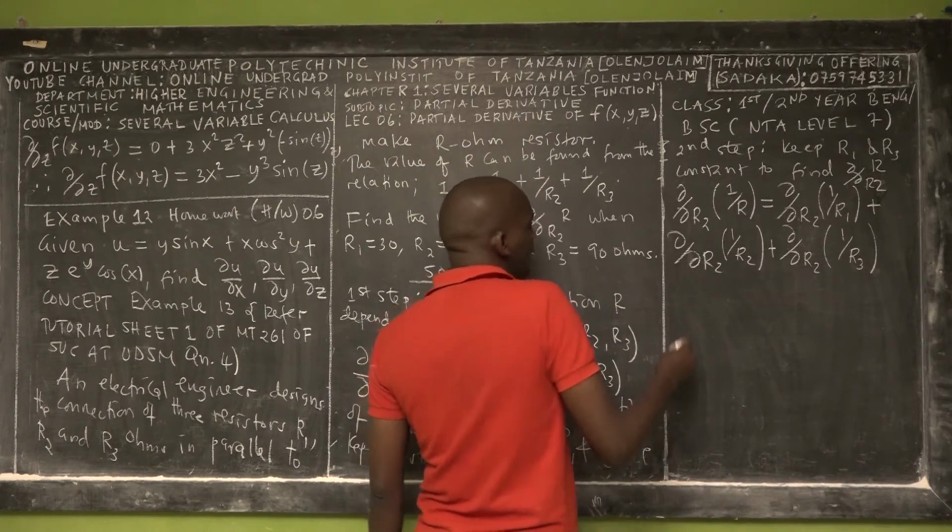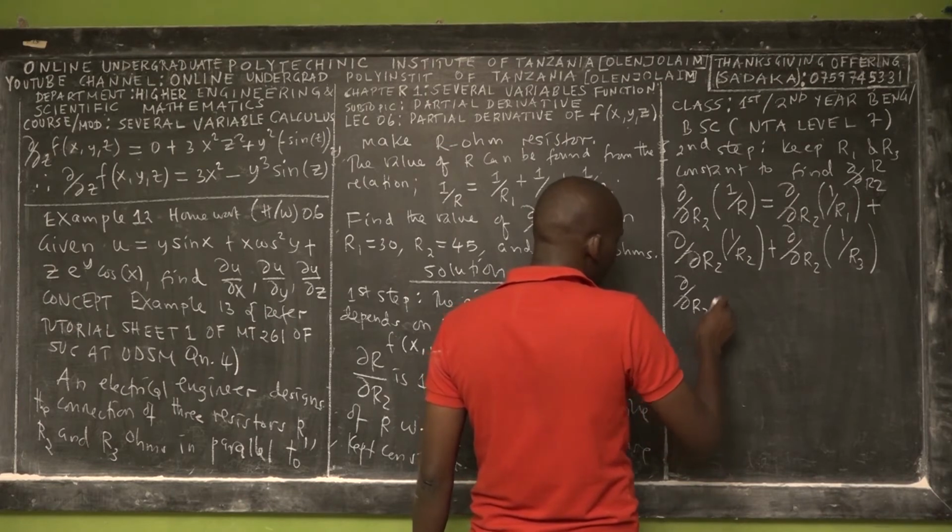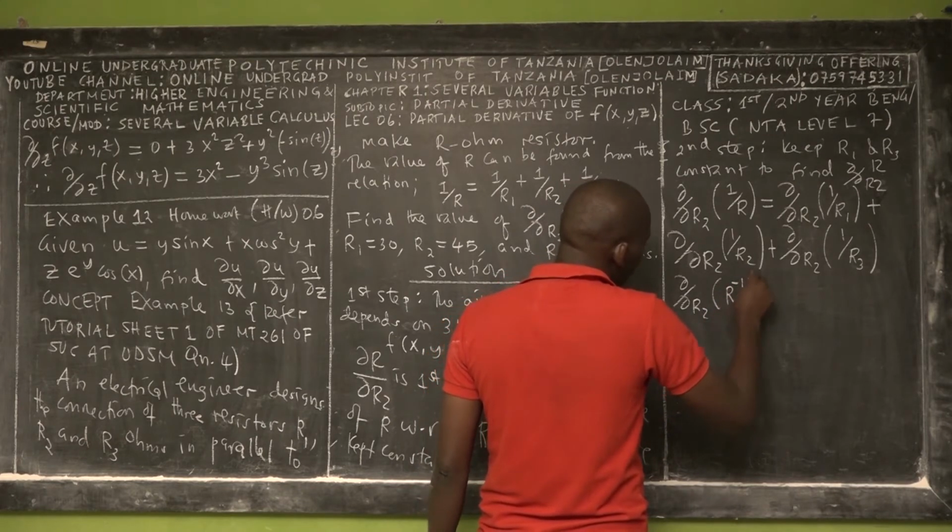On the left-hand side, remember that this is equivalent to the partial derivative with respect to R2 of R to the power negative 1.